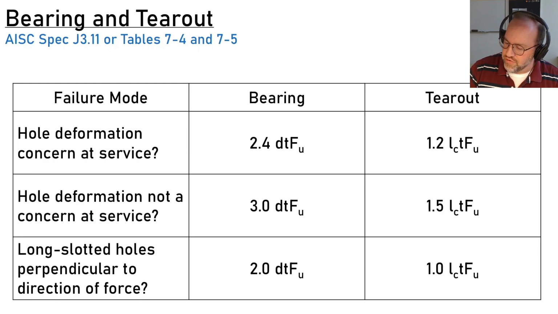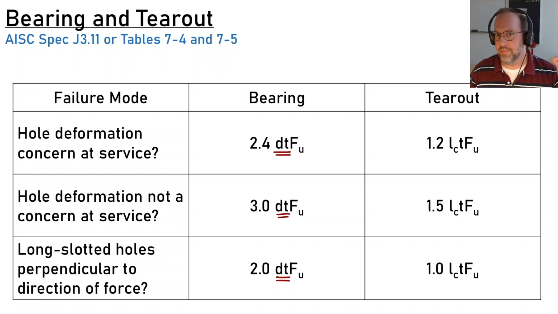All the bearing conditions are going to depend on this d times t area, where d is the bolt diameter, and I'll note that's the bolt diameter, not the hole diameter, and t is the thickness of the material it's bearing upon. So that's effectively the area over which we're concentrating our stress as that's transferred into the plate.